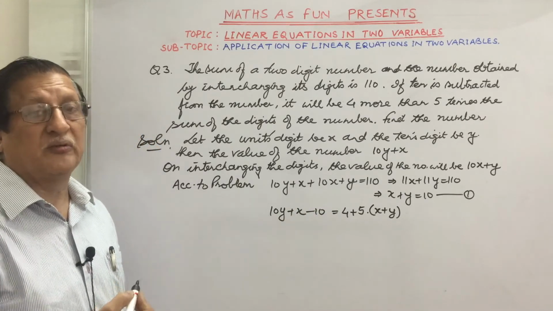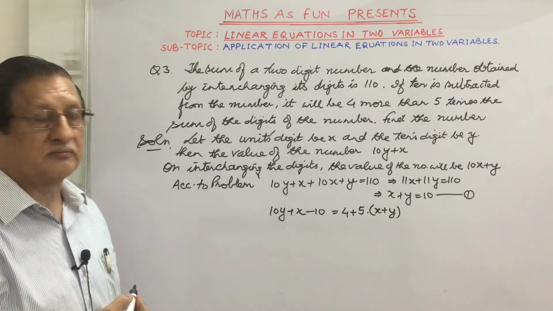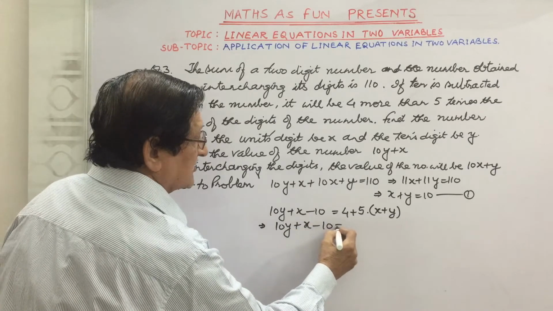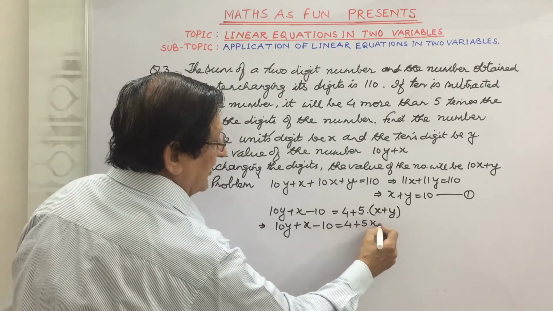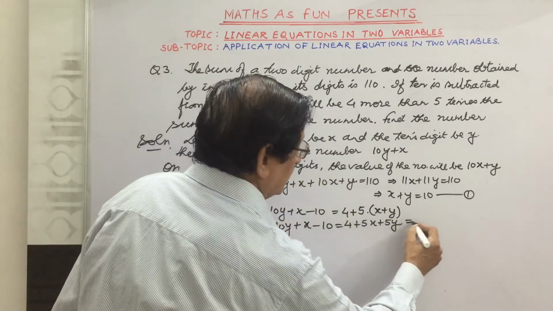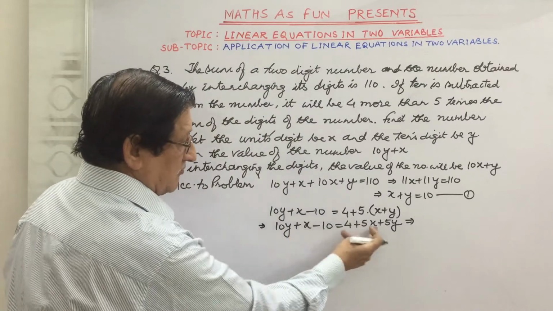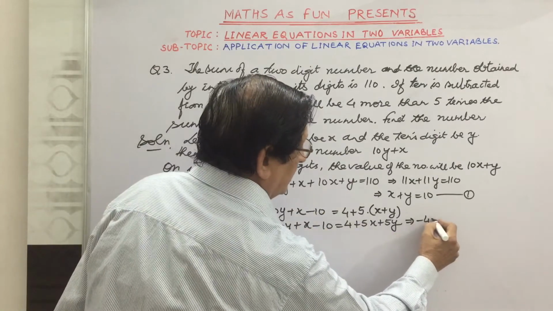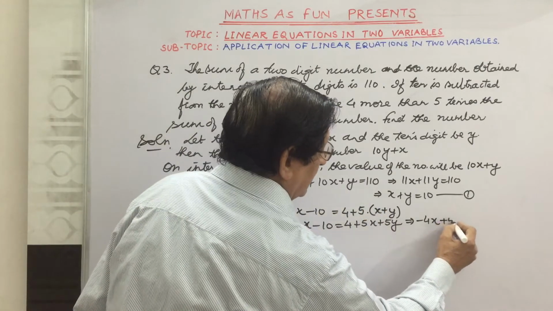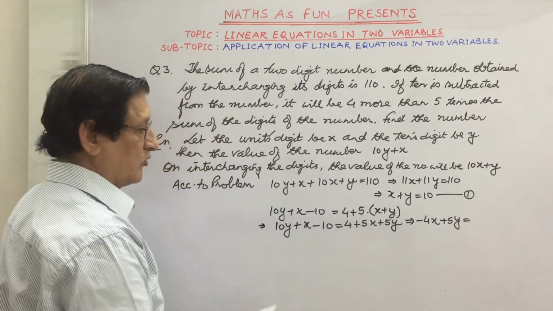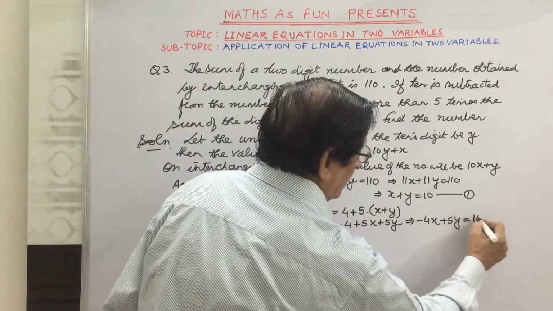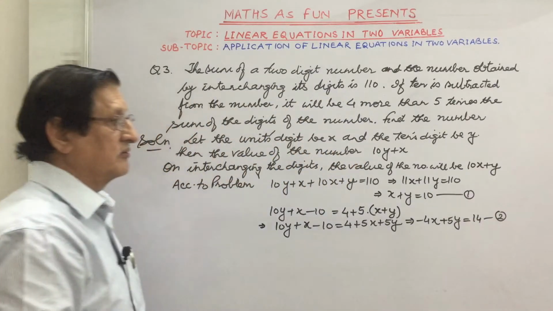We have to be very careful making the equations of 2-digit numbers. Then it becomes 10y plus x minus 10 equal to 4 plus 5x plus 5y. And if we transpose the numbers, what we get? x minus 5x, it will be minus 4x. 10y minus 5y will be plus 5y equal to 4, and this 10 is transposed that side. 4 plus 10 will be 14. This becomes our second equation.